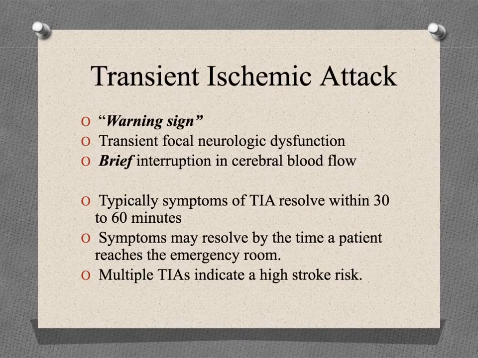If a patient arrives to an emergency room with signs of a TIA, they most likely will be admitted due to the fact that they're at high risk for having a stroke. And so they admit them in order to implement measures to decrease risk factors for having a stroke. Risk factors include high blood pressure. The most common risk factor for stroke is high blood pressure.